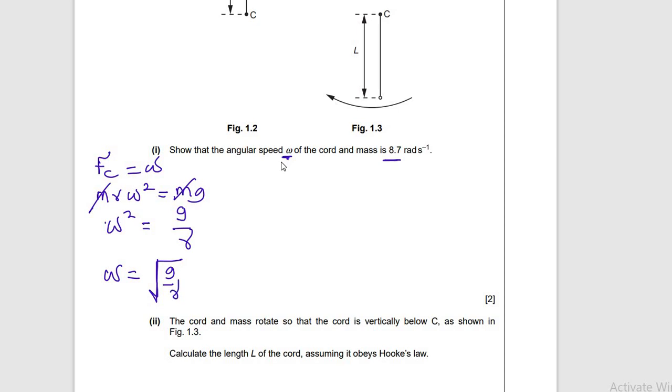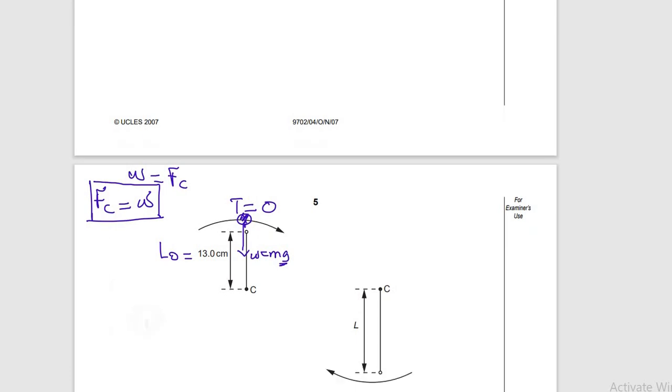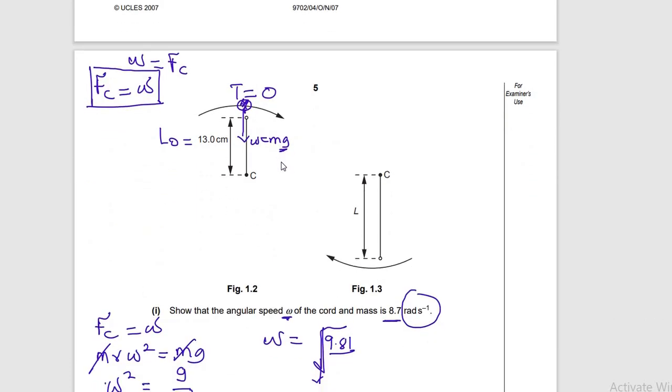So angular speed is measured in radian per second. Take note: g is 9.81 meter per second square. The radius must also be in normal units. The radius in here should be 13. Do you know why?